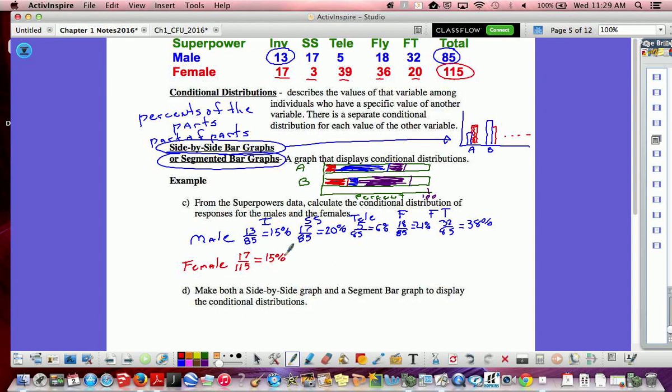Then 3 out of 115 still stays at rounded up, goes to 3%. It's actually less, but rounded. So 39 out of 115, 34%, 36, 31%, and 20 out of 115, 17%.